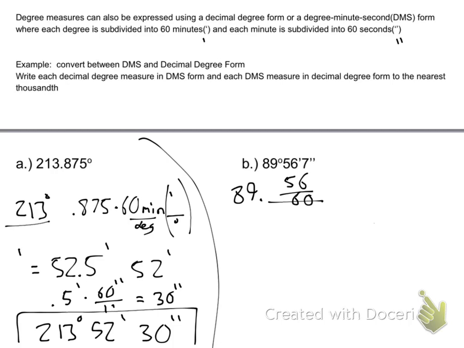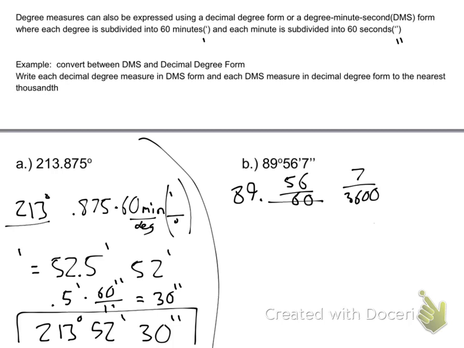You multiplied by another 60, right? That was two 60s. So what do I have to do with the 7? I need to divide it by the 60 again, or two 60s, or 60 times 60. So 3,600. Because how many seconds are in an hour?